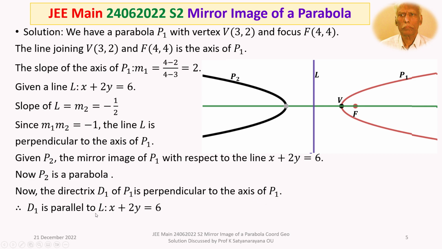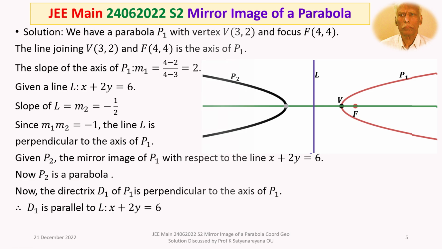L is perpendicular to the axis of P1, and D1 is perpendicular to the axis of P1. Therefore, they must be parallel. D1 is parallel to L, that is x + 2y = 6.